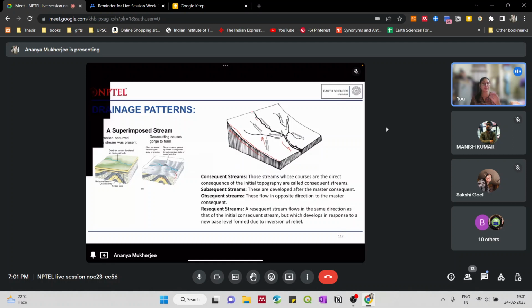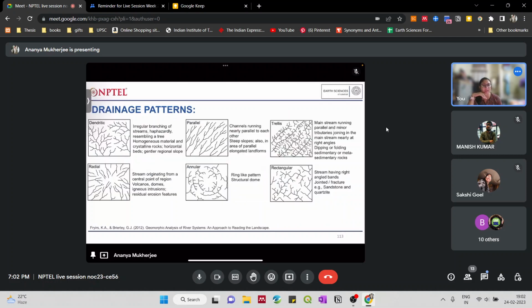Now we come to drainage patterns which are classified based on the kind of geological structures that we see and the lithology. Lithology means the rocks that are found in that area. You have dendritic, which is irregular branching. It appears like a tree, how trees have branches, spreading across the entire area.